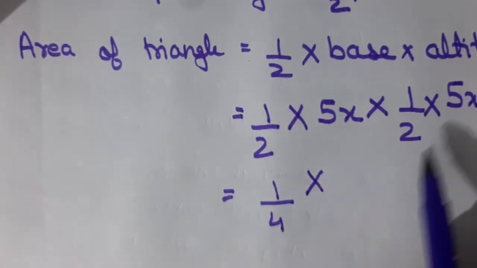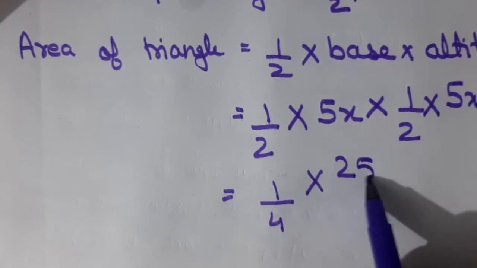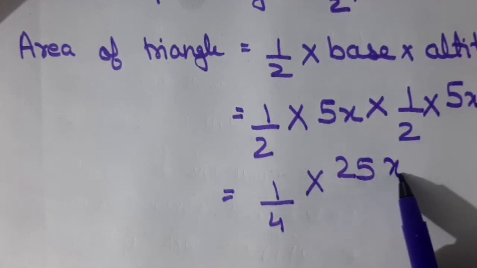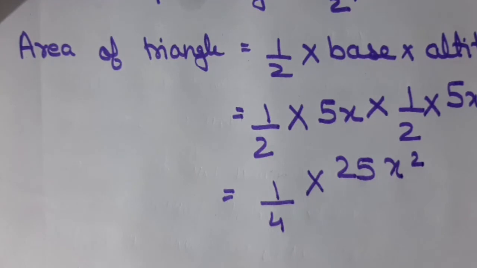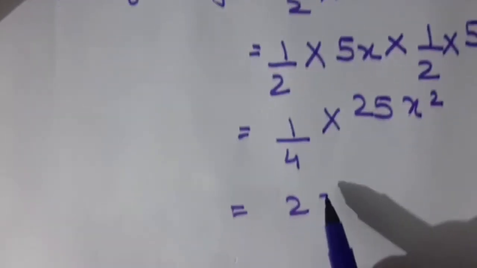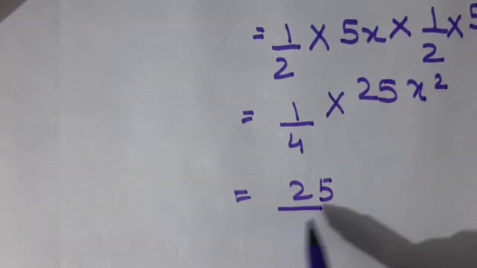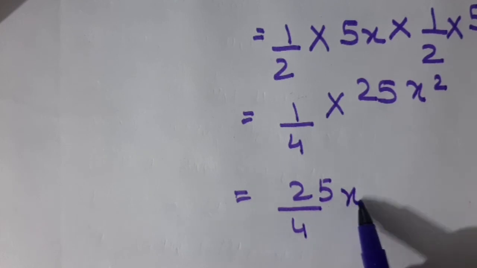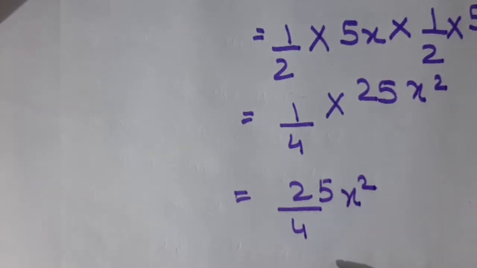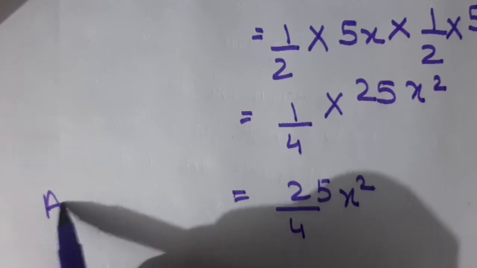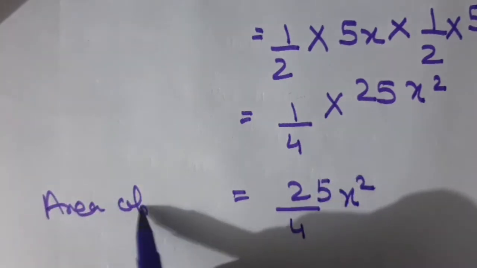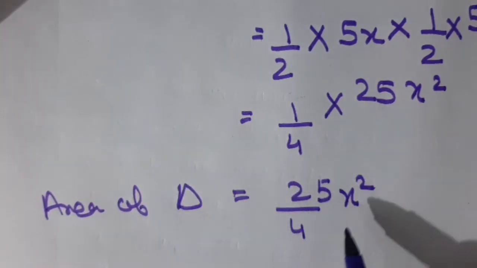Now 5 multiplied by 5 is 25 and x into x is x square. So it is now 25 upon 4 x square. So my answer, that is my area of triangle, is 25 upon 4 x square.